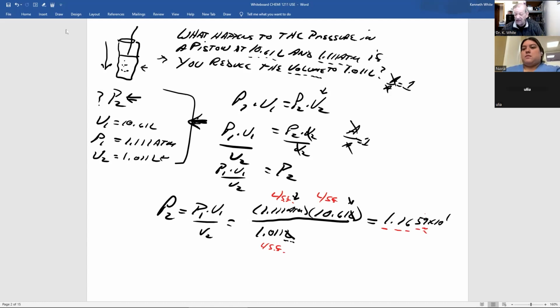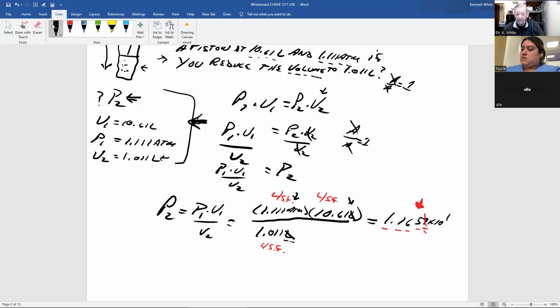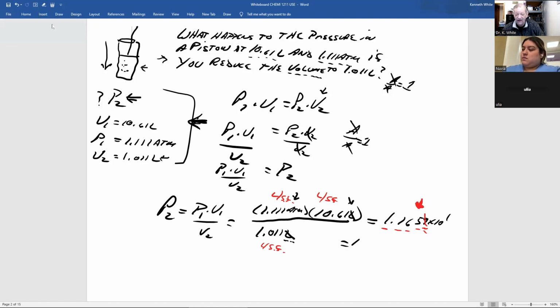So I'm going to drop this and increase the number in front, the 5, by 1. And the correct answer is 1.166 times 10 to the first atmospheres. Or if we wrote it in decimal, 11.66 atmospheres.